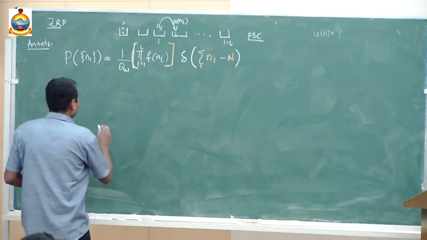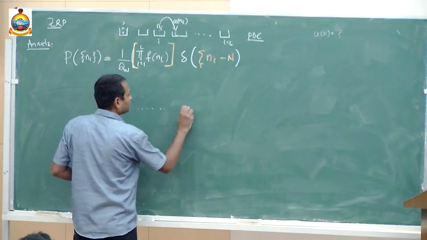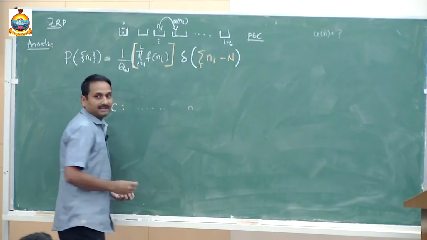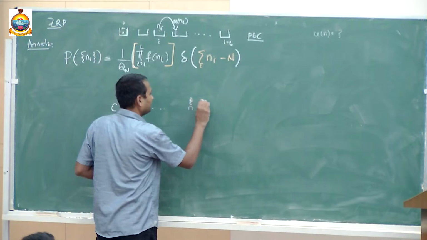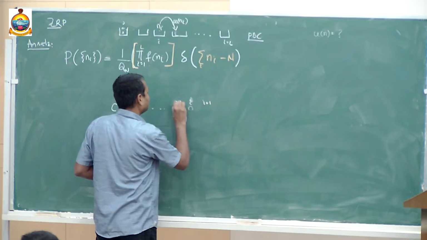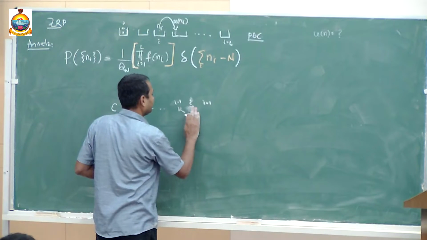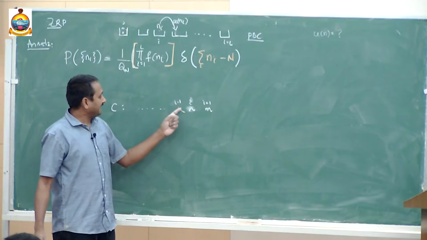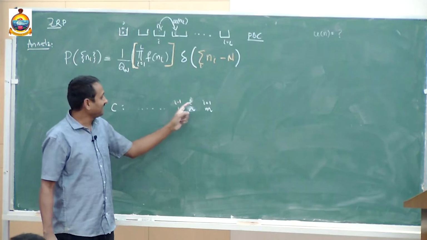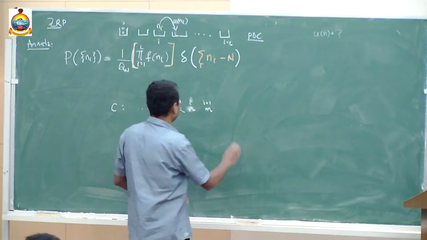So for a general configuration, I will not carry the index. I'm just writing i, i plus 1, i minus 1. I call it K, N, M: the number of particles n_{i-1} equal to K, n_i equal to N. I'm writing it like that because I don't want to carry the index.